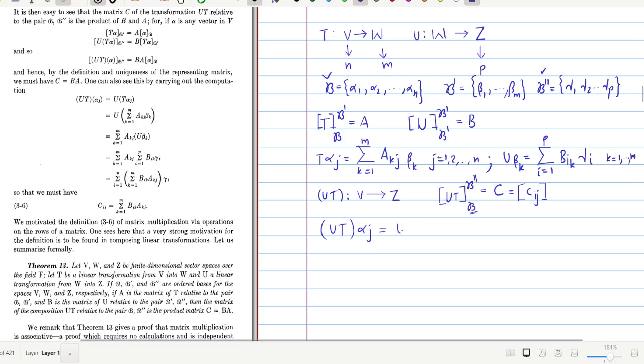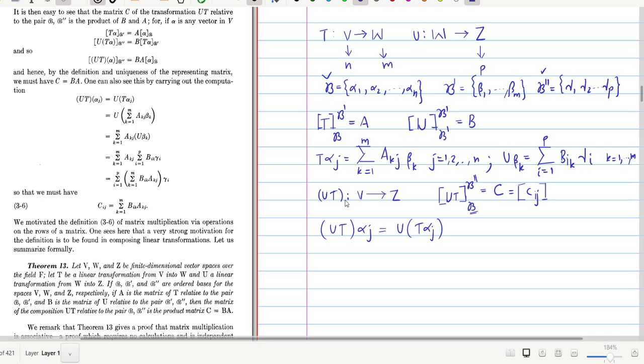UT of alpha j is U of T of alpha j, but T of alpha j can be replaced from this equation, so it is equal to U of summation k equal to 1 to m a k j beta k.